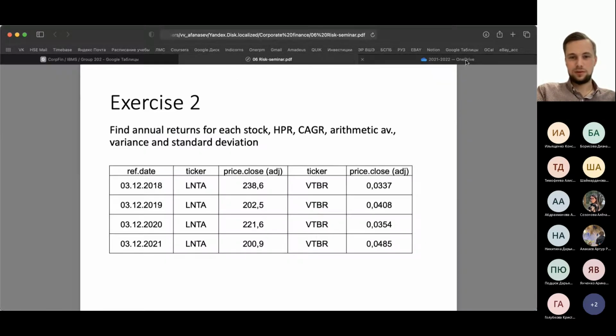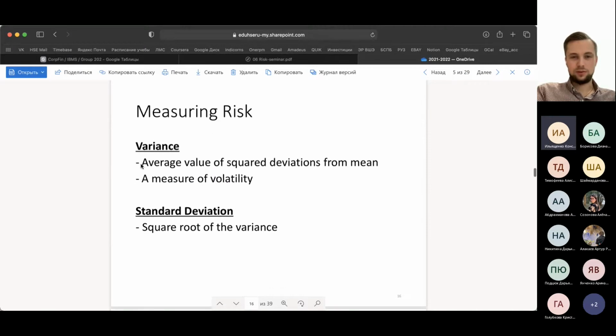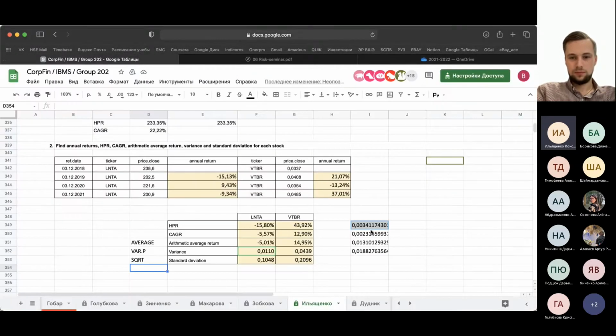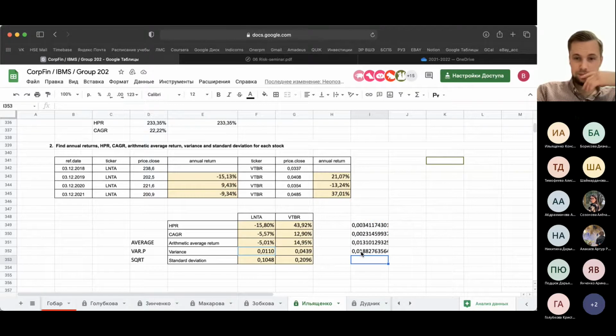I don't know why I have different results, because I just calculate the error from the actual return and average, then square it, divide it by the number of observations, and then sum it.